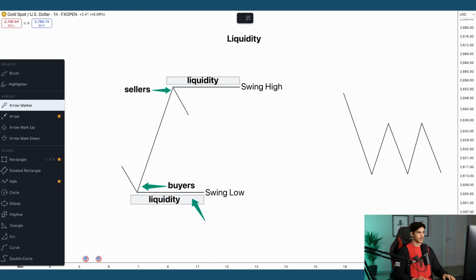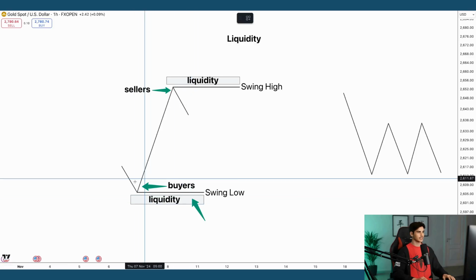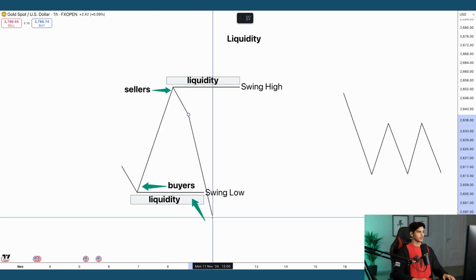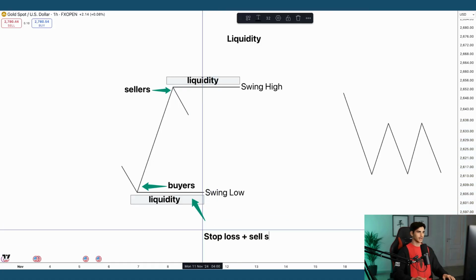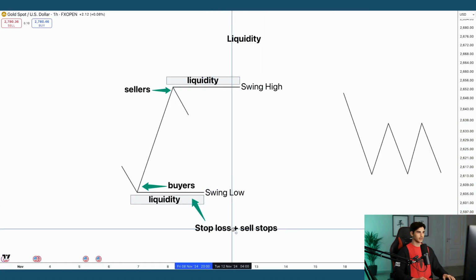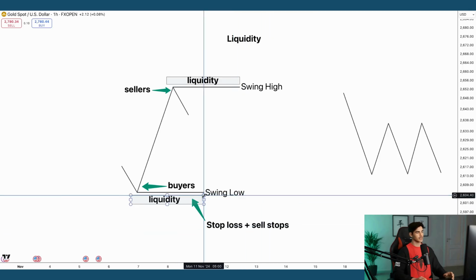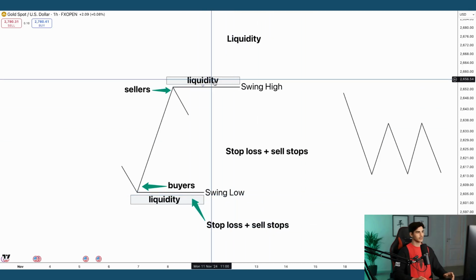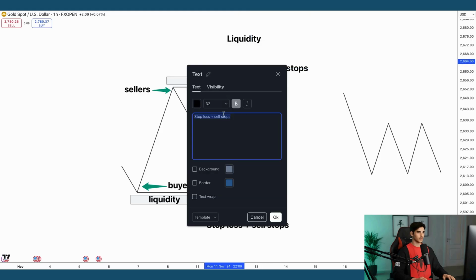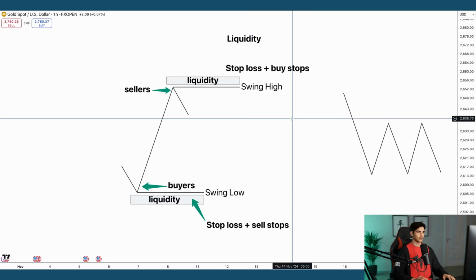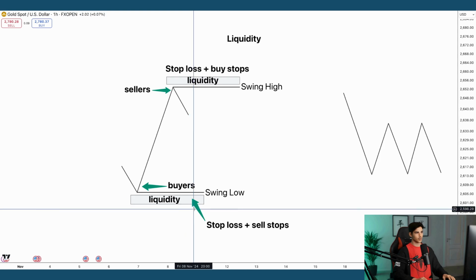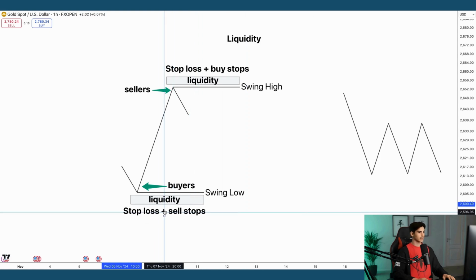As well as this, we have breakout traders who would have sell stop orders here, thinking if the market comes and breaks through this low, I want to be triggered into a sell to take the market lower. So we have stop losses and sell stop orders under here in the thousands, which creates liquidity. We have the same up here at the top, but we have stop losses for sellers, and then we have buy stops as well. So there's a whole lot of orders, transactions awaiting at the highs and the lows.